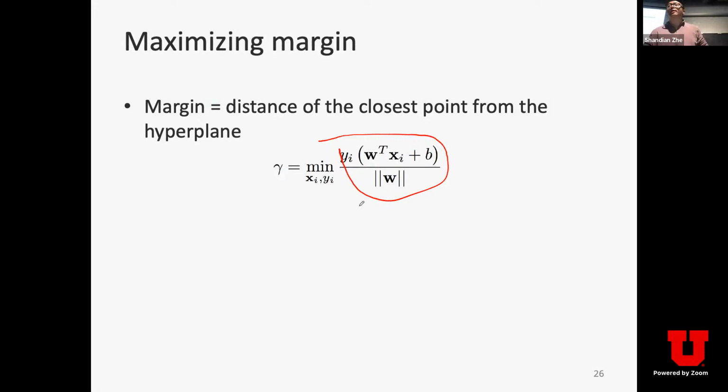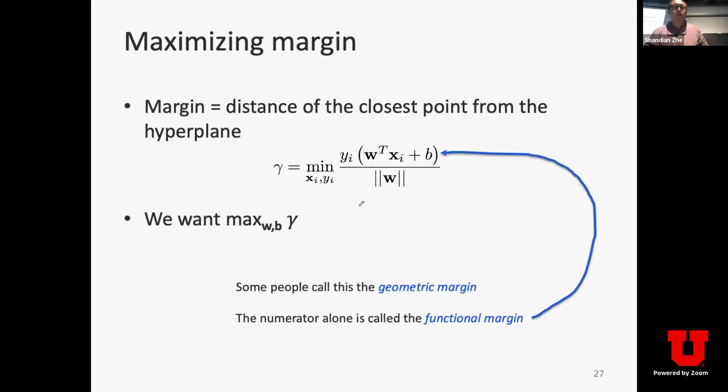Meanwhile, because we want to maximize the margin, we need to write down a maximization problem on the outside, maximizing the margin in terms of the model parameters, that is W and B. Now we can see that we have formulated a bi-level optimization problem, a max-min problem.